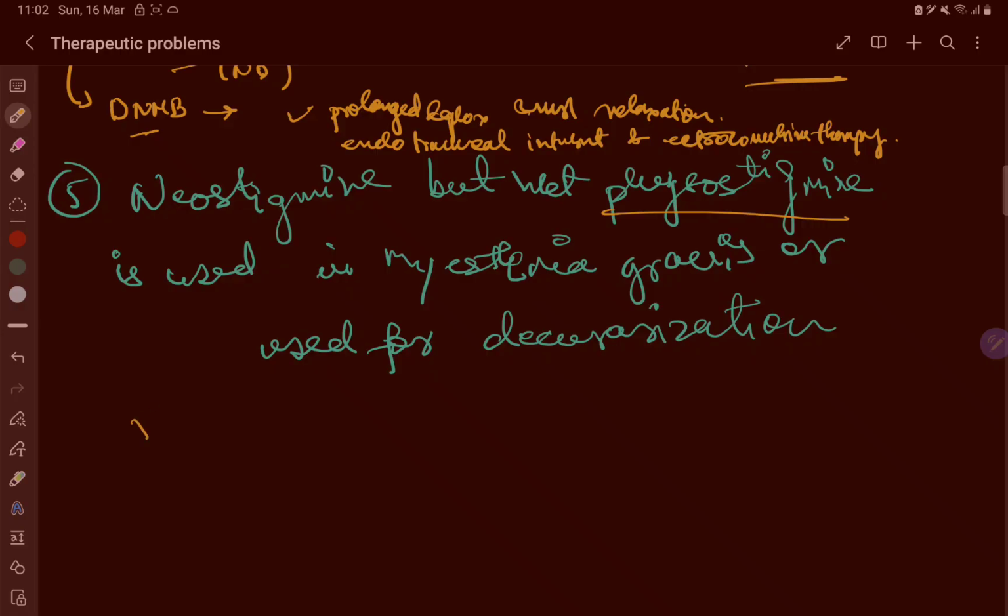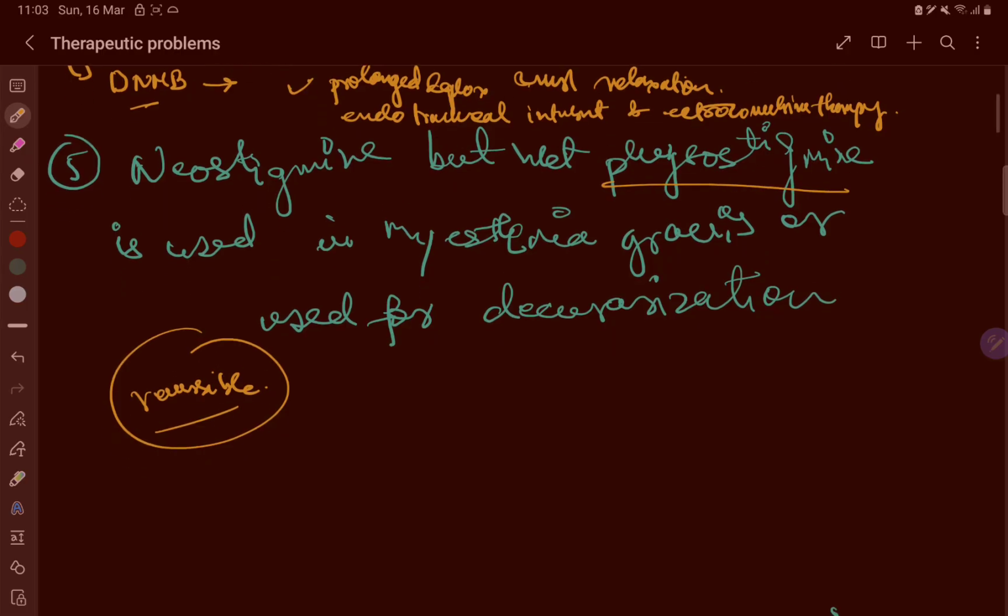Physostigmine is a reversible cholinesterase inhibitor. So neostigmine and physostigmine both are reversible cholinesterase inhibitors that increase the acetylcholine levels at the neuromuscular junction.